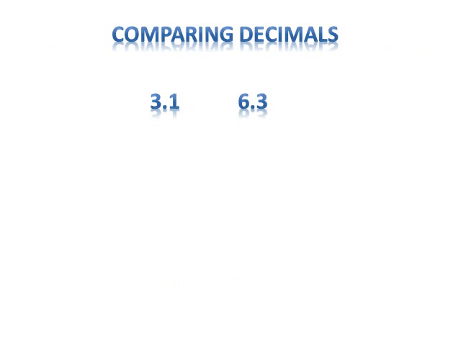Alright, so comparing, let's try this. 6.3 is greater than 3.1. Now 1.5 and 0.5. Of course, when you compare numbers, you look at the whole number first. Whichever has a bigger whole number is the bigger number. How about this one? 3.2 and 3.1.